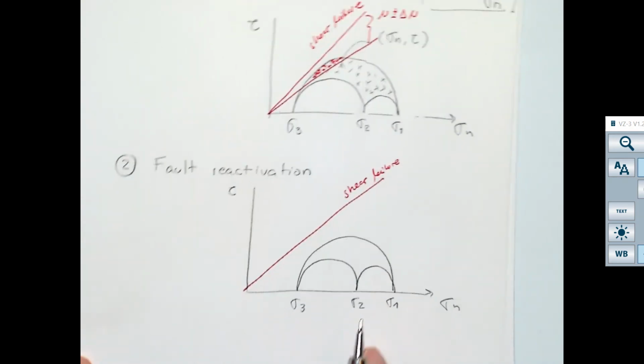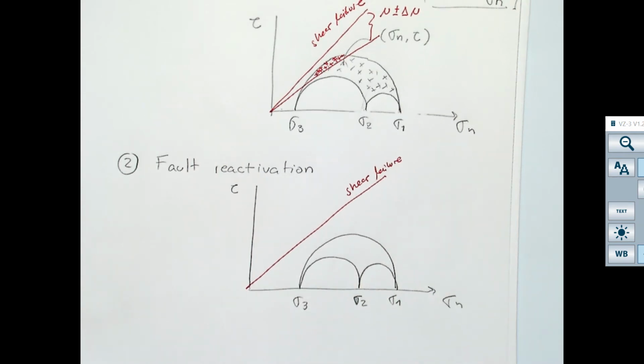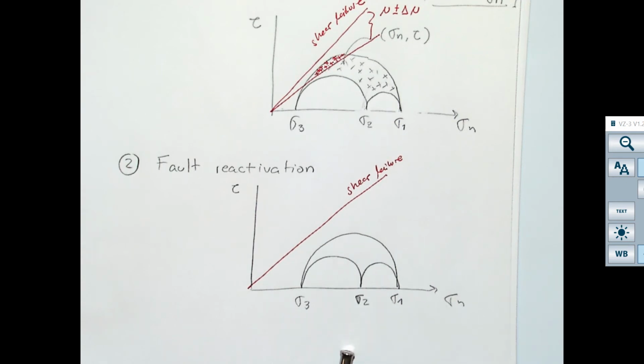Let's say that we have the current state of stress. We know what is effective normal stress, effective intermediate stress, and minimum effective stress. How can I change effective stresses in the subsurface?